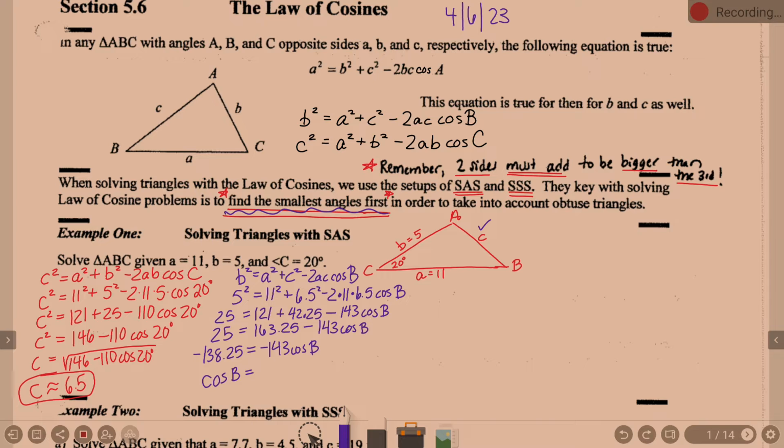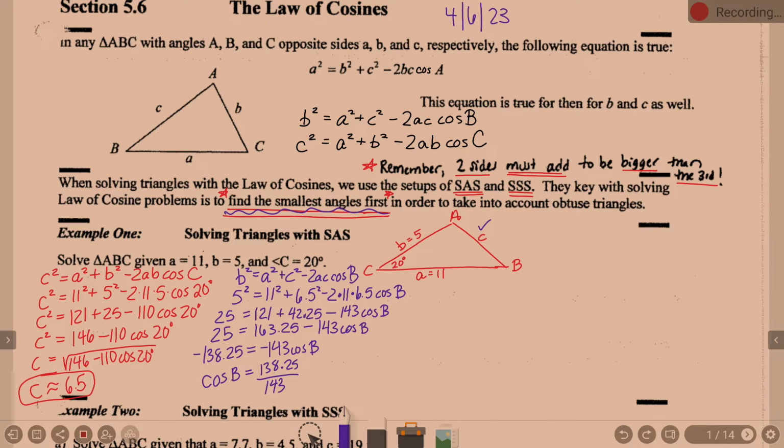what is a negative divided by a negative? Positive. Positive 138.25 divided by 143. How do I find b? We're going to do the inverse.